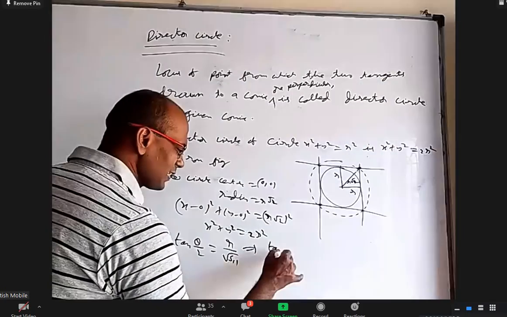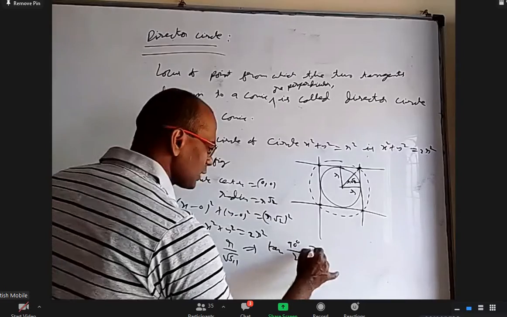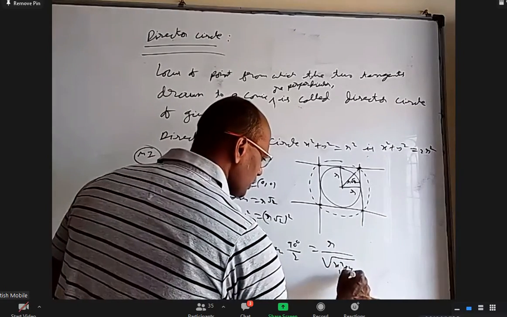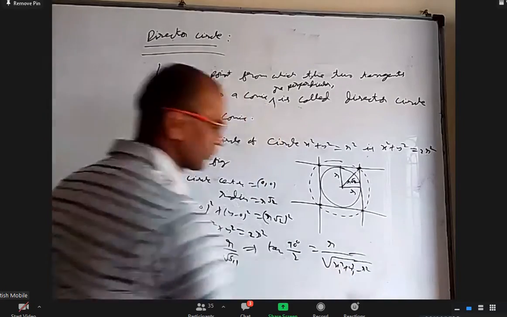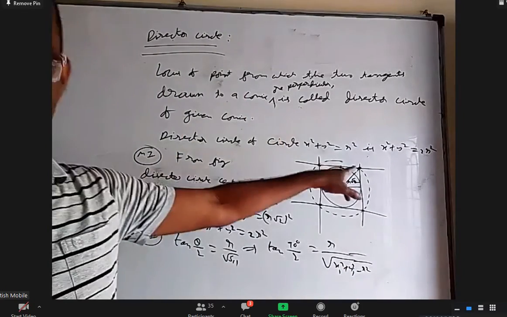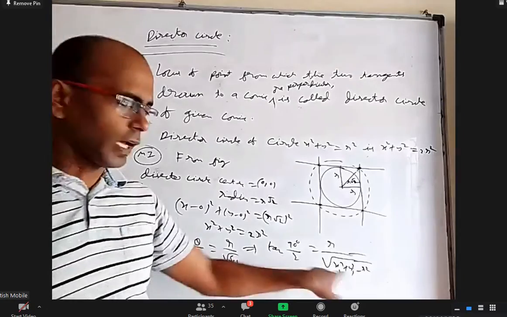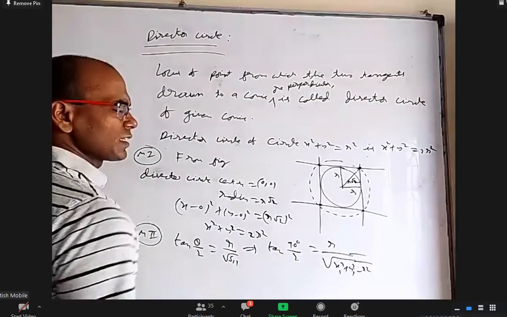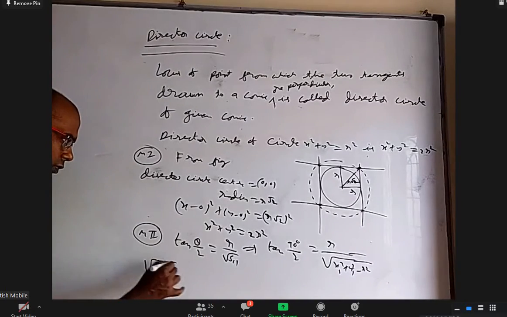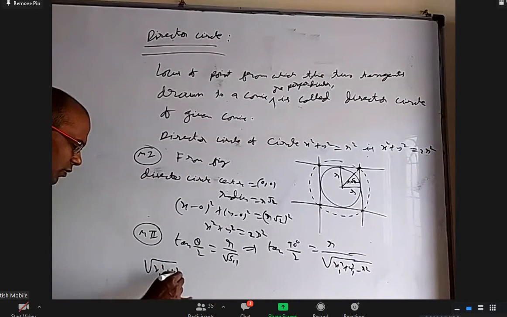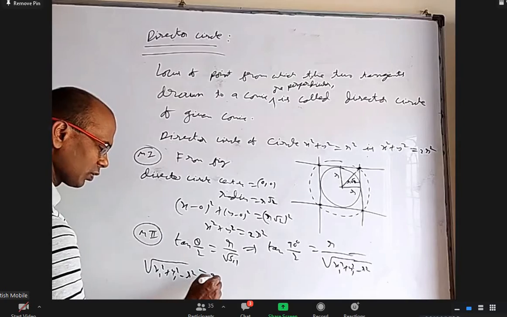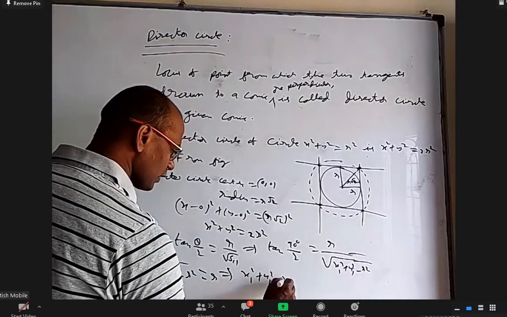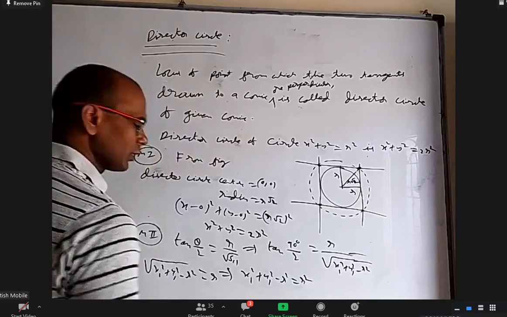Now theta is 90 degrees, so tan(90°/2) = r/√S11, where S11 means x1² + y1² − r². If I take an external point P, tan(theta/2) = r/√S1, and tan 45 degrees is 1. So we get √(x1² + y1² − r²) = r. Squaring, we get x1² + y1² − r² = r².